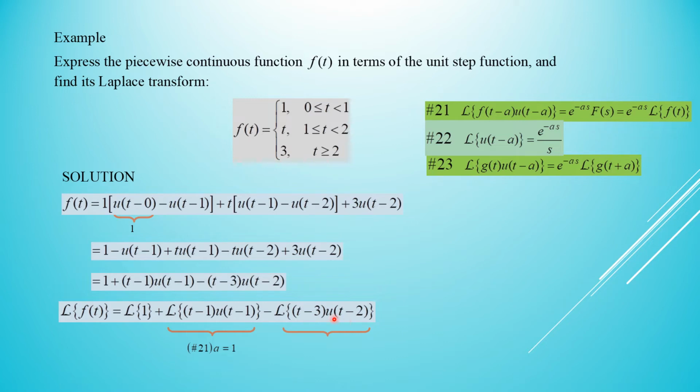Okay, now this is in terms of t minus 2, but this is not in terms of t minus 2, and therefore it is advisable to use formula number 23 instead. Okay, we use formula number 23 because if this is in terms of t minus a and the function g is not similar in form to the unit step function, then we better use formula number 23. So in this case, a is equal to 2.